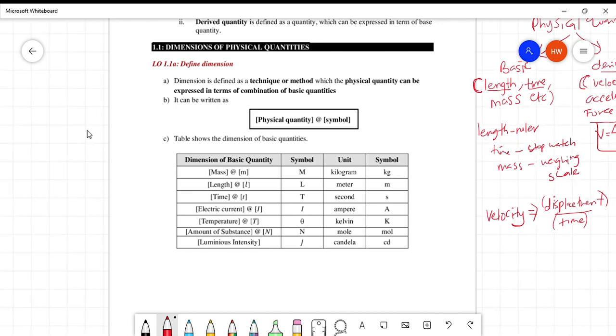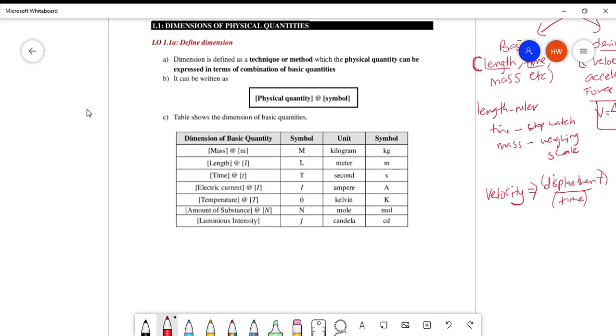This is what dimension does. The table shows the dimension of basic quantities. These are all the basic quantities we have: mass, length, time, electric current, temperature, amount of substance, and luminous intensity. Why do we have a square bracket here?